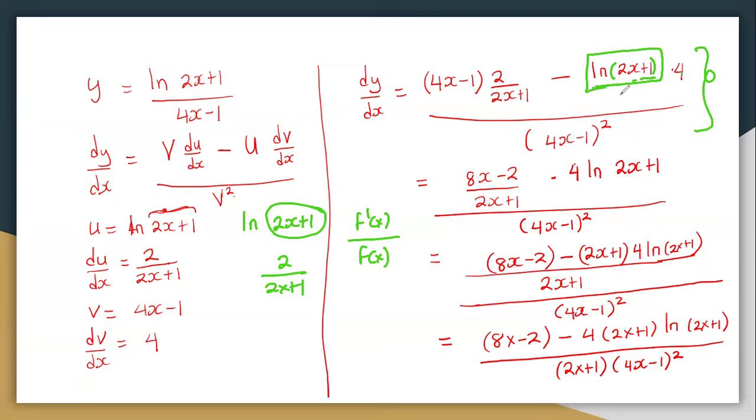So I write 4 ln of 2x plus 1. It's like having log of 2 times 3, and then you multiply everything by 2. You don't just do 2 times 3. You get 2 log of 2 times 3, which is the same as log of 2 times 3 squared, which is log of 2 times 9. But if you multiply 3 times 2, you get 6, which is not right.